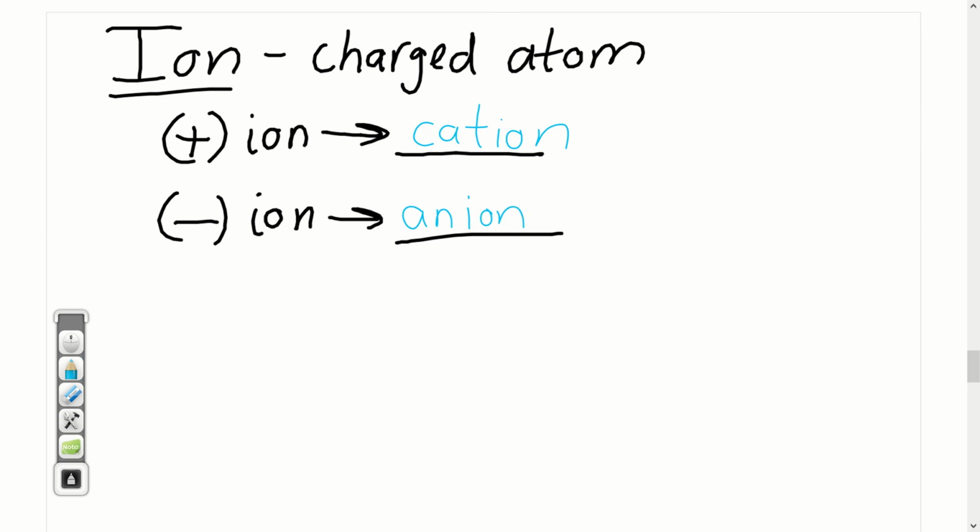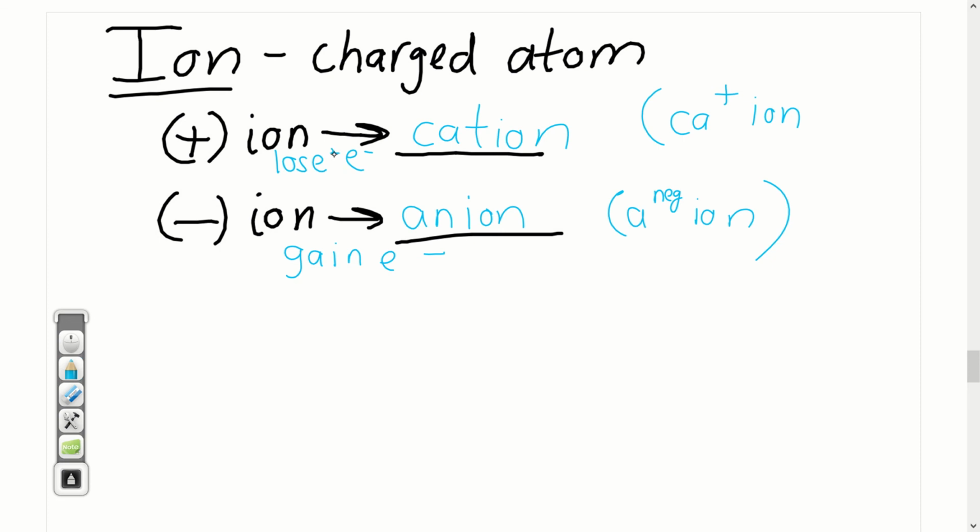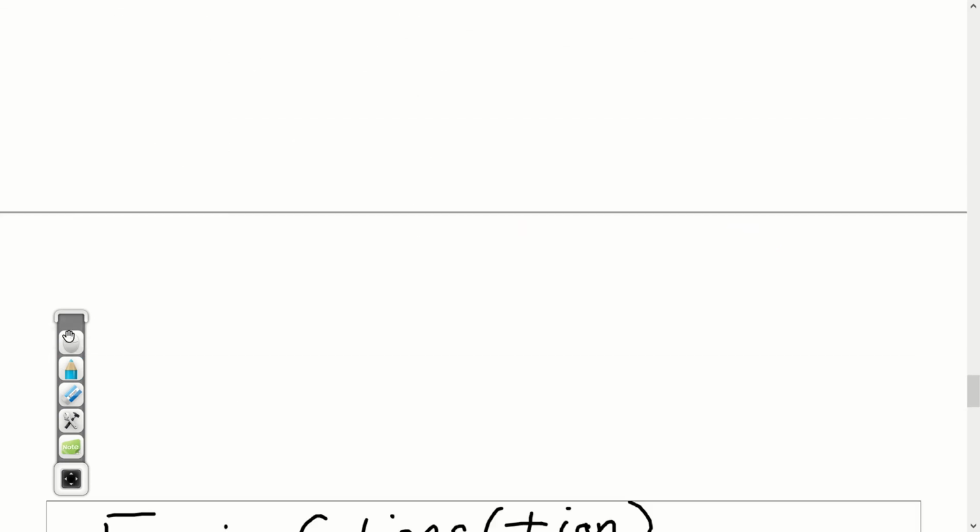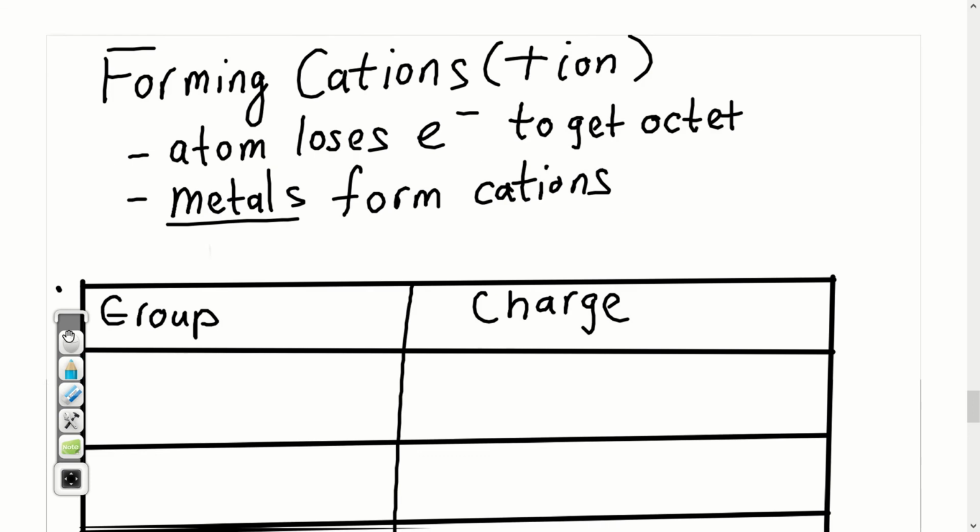A silly way to remember this is, I show people the "cat" with the T being a positive ion, and then anion being a negative ion. So if I gain electrons, I become an anion. If I lose electrons, I become a cation.